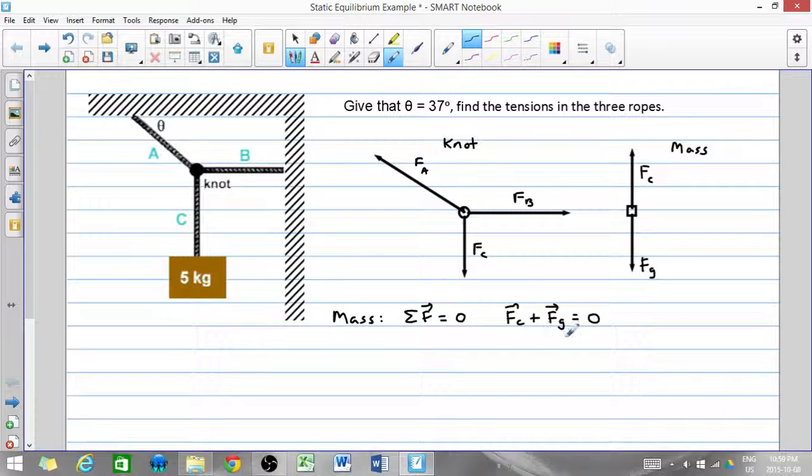Now this is possible, of course, because they're acting in different directions. And when we substitute for the forces, we can use plus or minus signs to indicate the direction. We're going to use a coordinate system like that for x and y, where the positive is to the right and up.